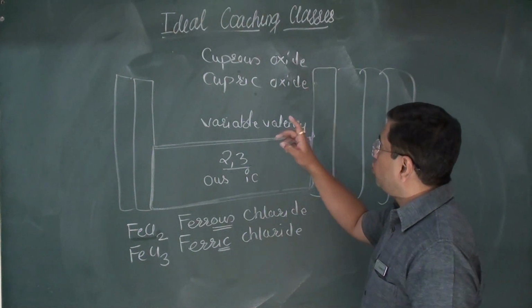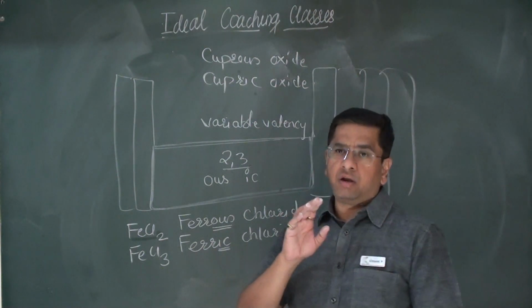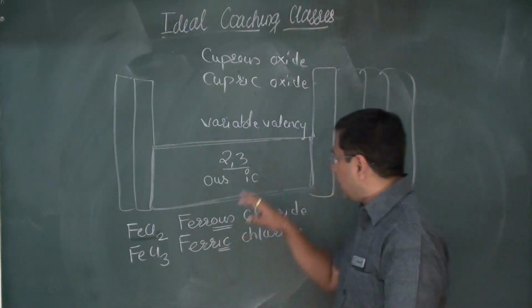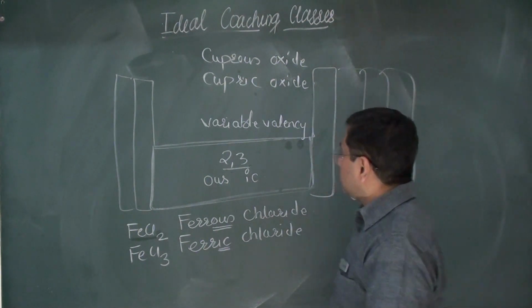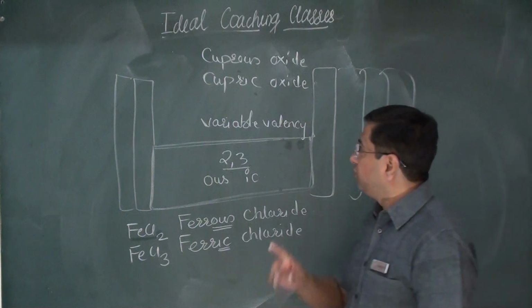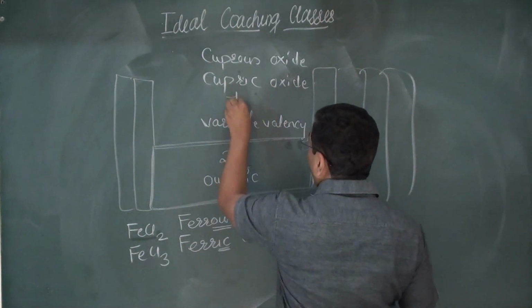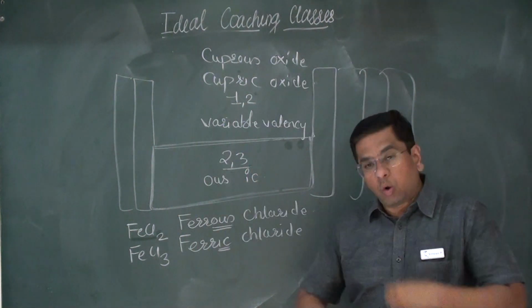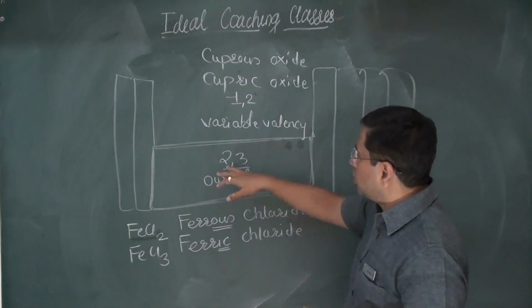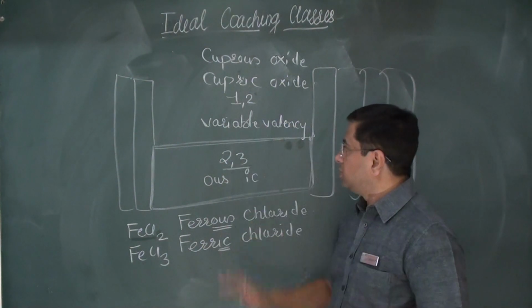Copper is element atomic number 29, lying over here, followed by zinc. This element shows variable valency, and the variable valency of copper is 1 and 2, not 2 and 3. Why it is 2 and 3 in case of iron and 1 and 2 in case of copper, we'll be studying that.